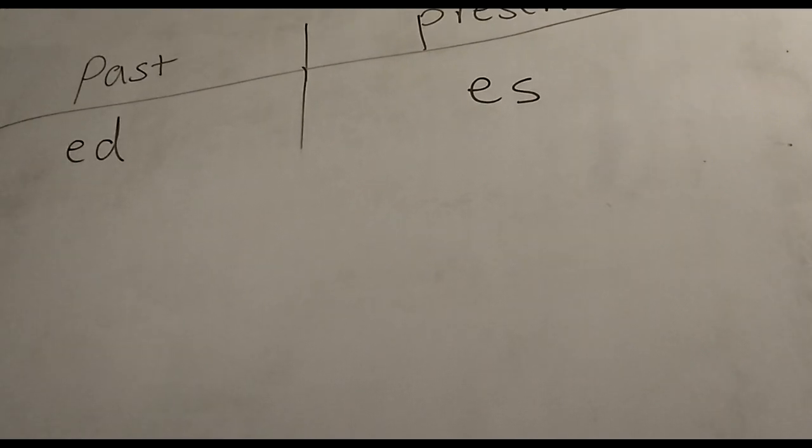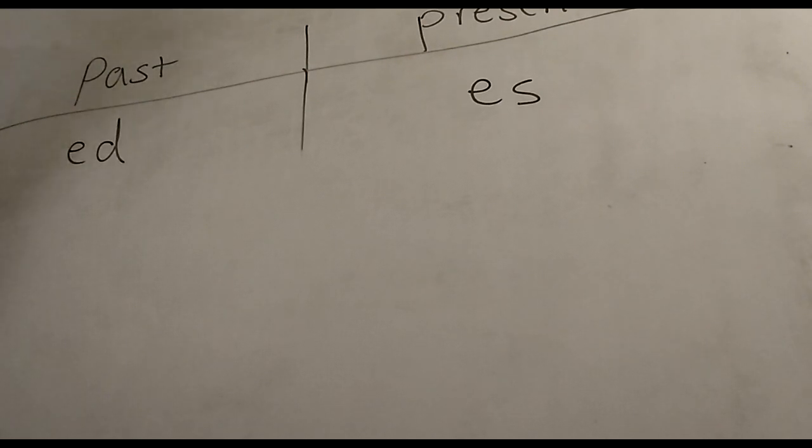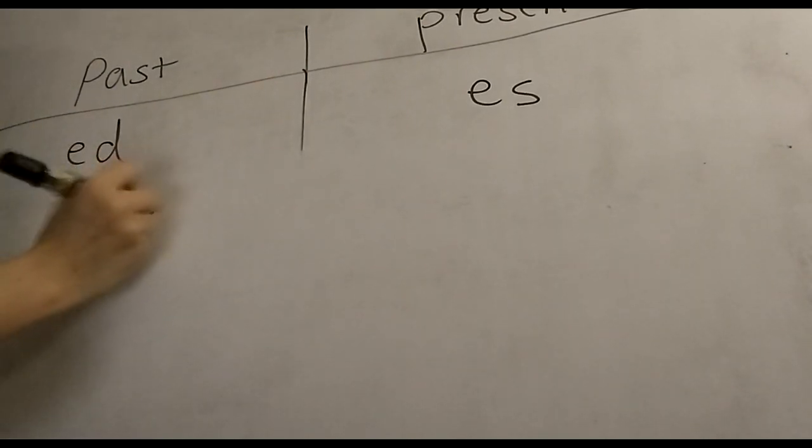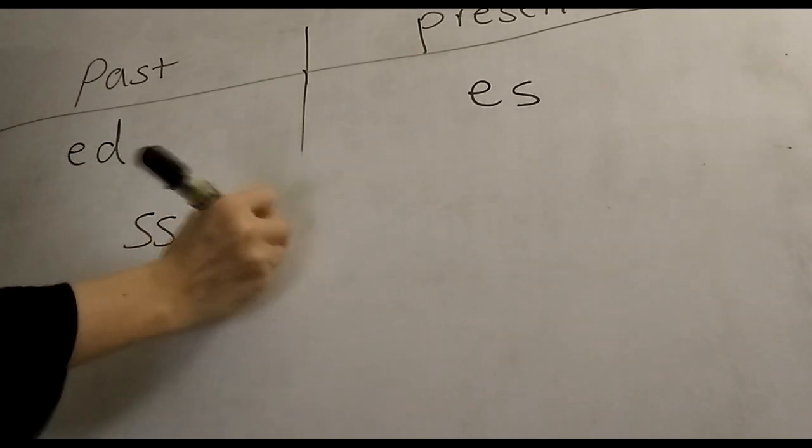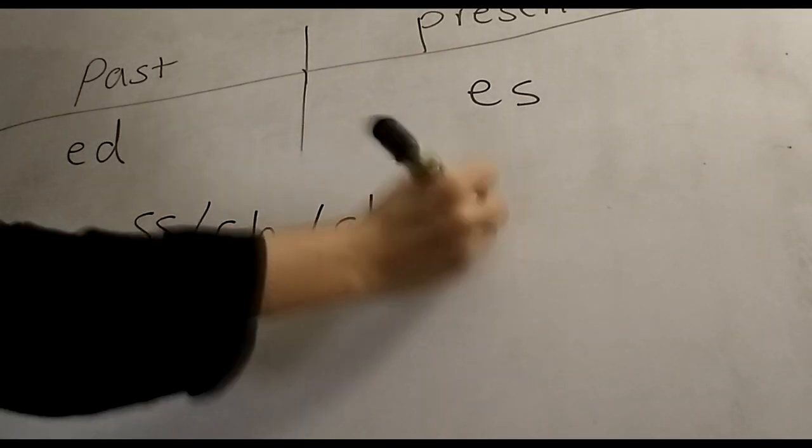All right, when it comes to ed and es, we can add them to letters that end with ss or ch, sh, x, o, and z, right?